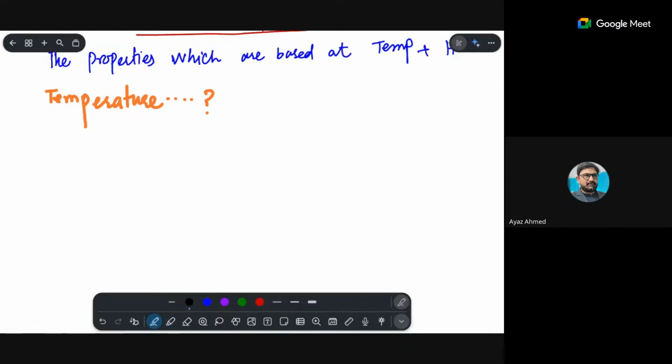We were considering it as the degree of hotness or coldness.